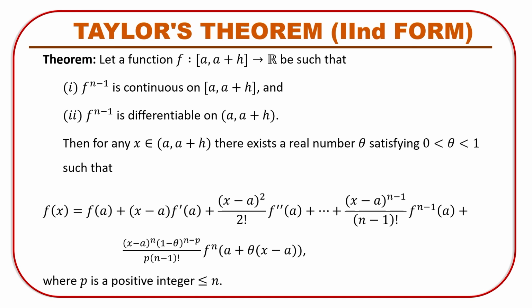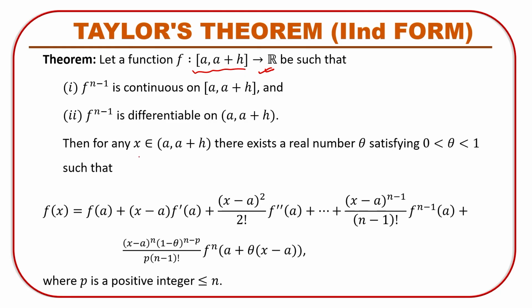Let a function f defined in the closed interval a to a plus h be a real valued function, such that the n minus 1th derivative is continuous in the closed interval and differentiable in the open interval a to a plus h.